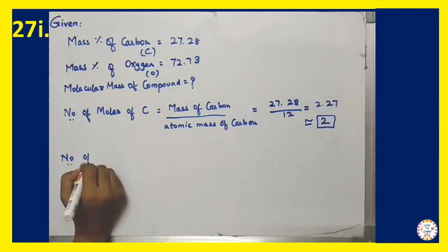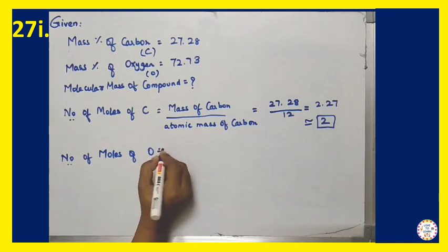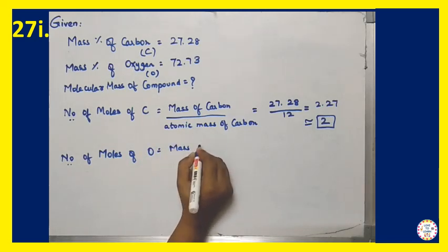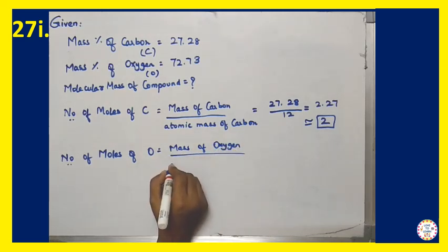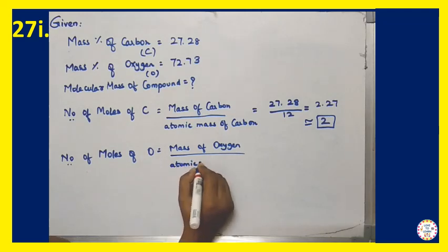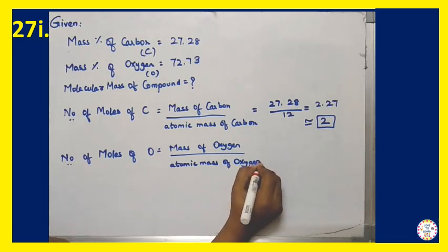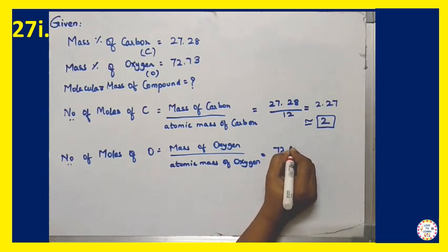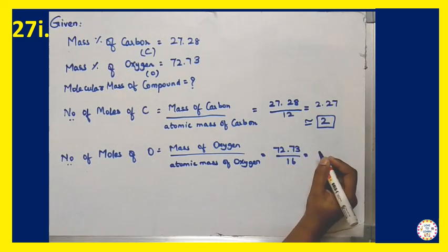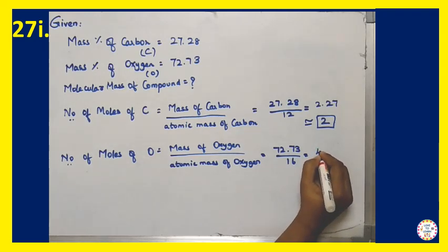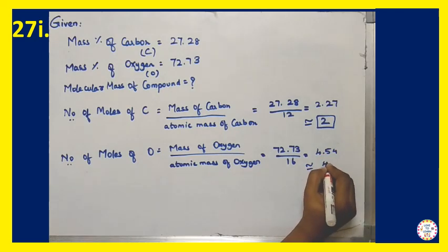Similarly, the number of moles of oxygen O is equal to the mass of oxygen divided by the atomic mass of oxygen. This is equal to 72.73 divided by 16. It is equal to 4.54 and it's approximated to 4.